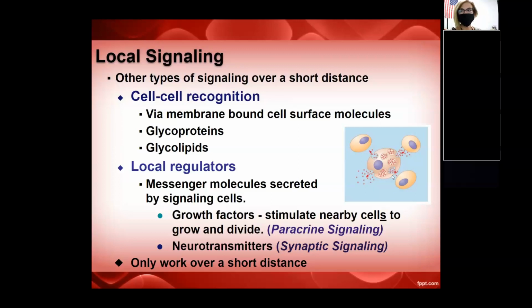In the immune system, a viral infected cell will release an interferon, and it gets its name because it interferes with viral reproduction. So that interferon is released from the infected cell, and it's not protecting the infected cell, it's going to protect all the cells around it.